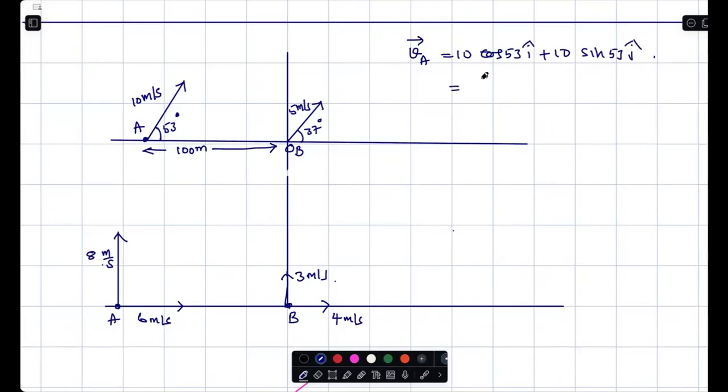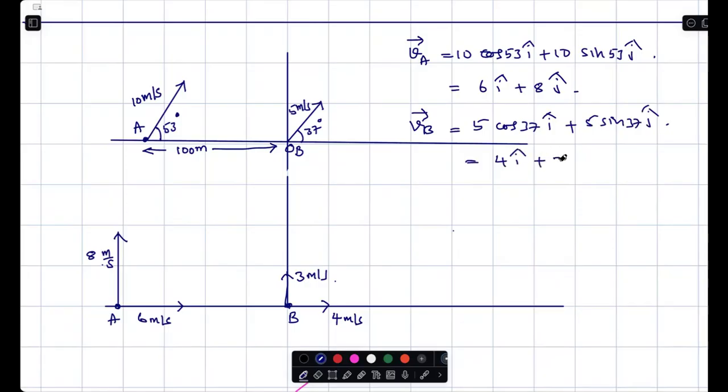This can be written as 6 i cap plus 8 j cap. VB bar can be written as 5 cos 37 i cap and 5 sin 37 j cap. This can be written as 4 i cap plus 3 j cap.